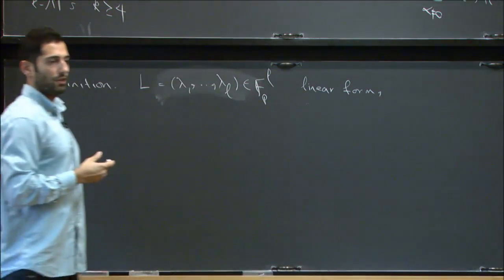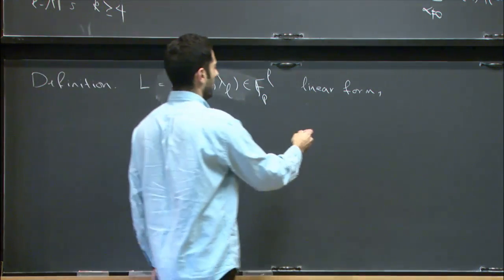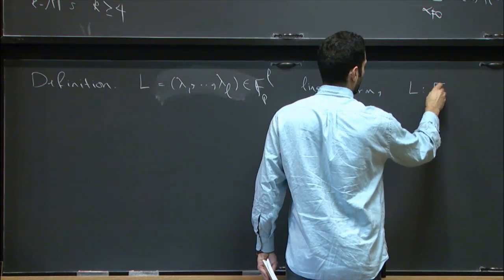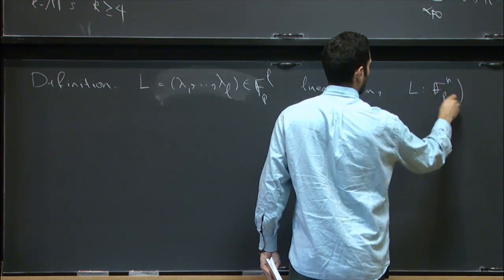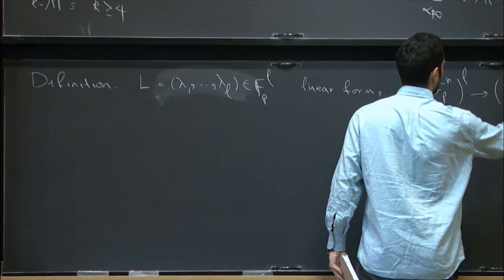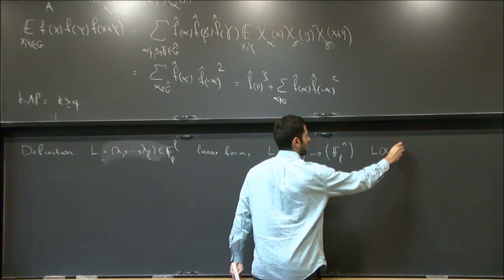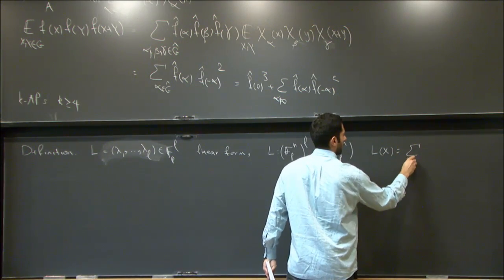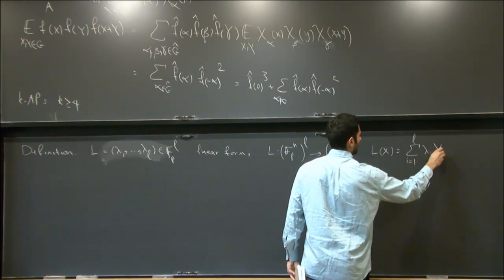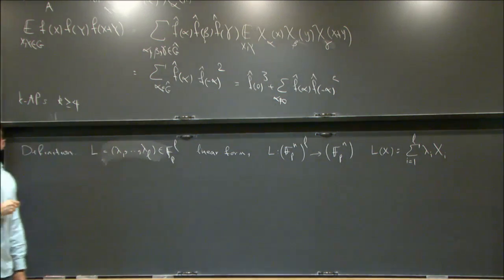And we will think of it as mapping vectors from F_p to the n to the L to F_p^n in the following form, where L of x is defined to be the sum of i going from 1 up to L of lambda_i x_i. So this is the ith vector. Okay.